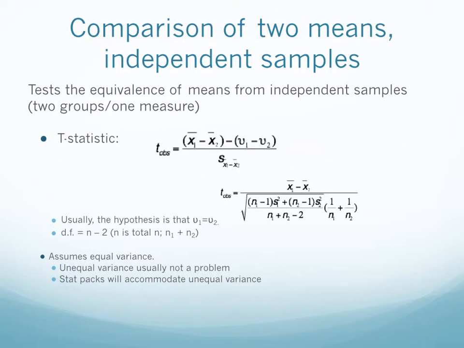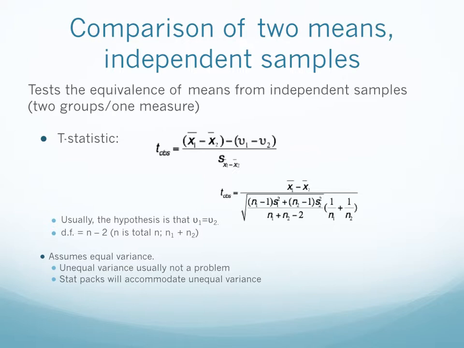And the denominator is a sort of complicated expression: n1 minus 1 times s1 squared plus n2 minus 1 times s2 squared, that quantity divided by n1 plus n2 minus 2. And that fraction multiplied by the expression 1 over n1 plus 1 over n2, and then take the square root of that entire thing as the denominator.